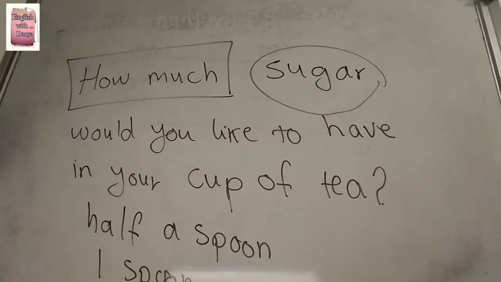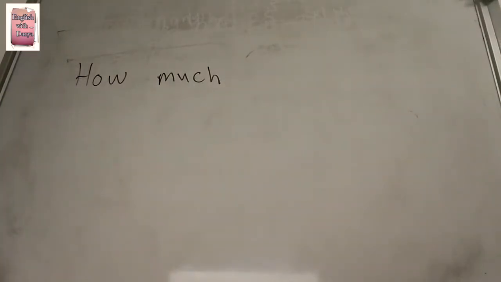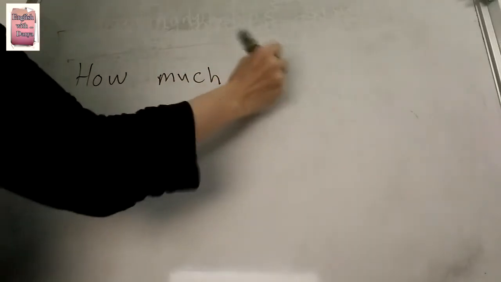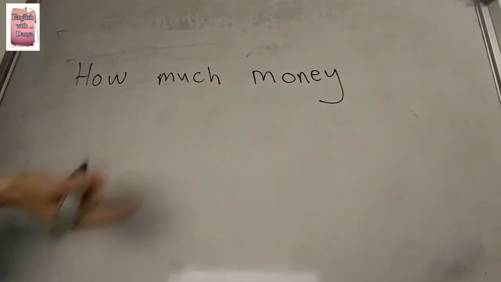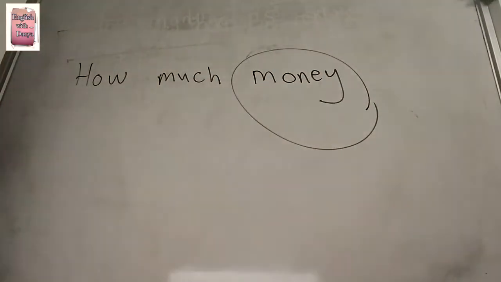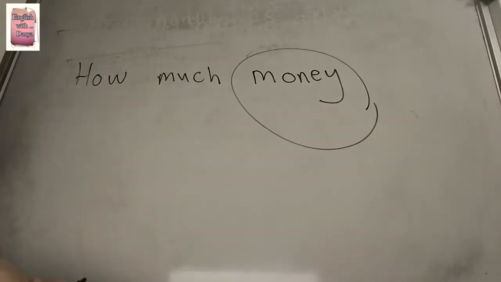Okay, now let's look at the next example. Regarding money, guys, there are so many people who get confused about money. They simply say, how many money do you want? Which is actually wrong. Why?